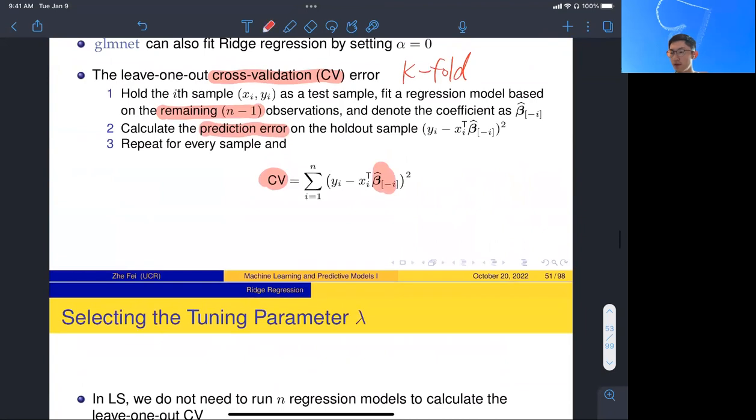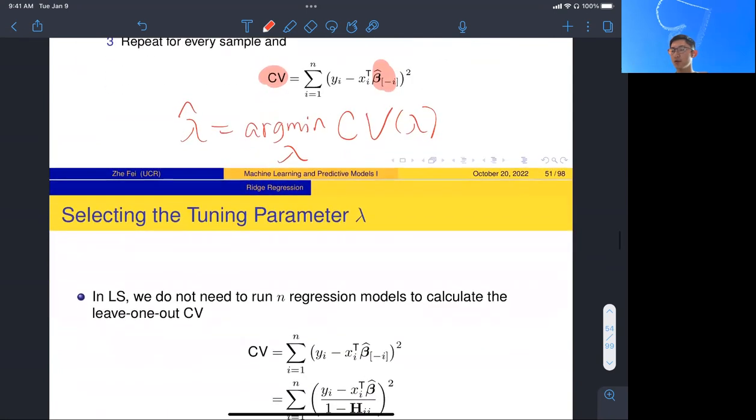If we write this out, our optimal lambda is the arg min over all lambda values of this CV. Implicitly, this CV depends on the lambda value, so for different lambda values you get different leave-one-out cross-validation errors. And we just want to pick the lambda hat that minimizes this cross-validation error.